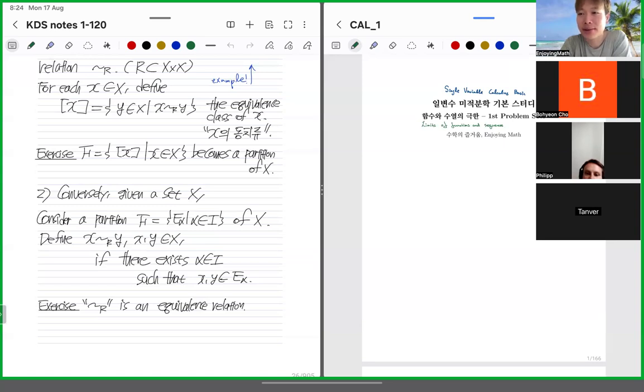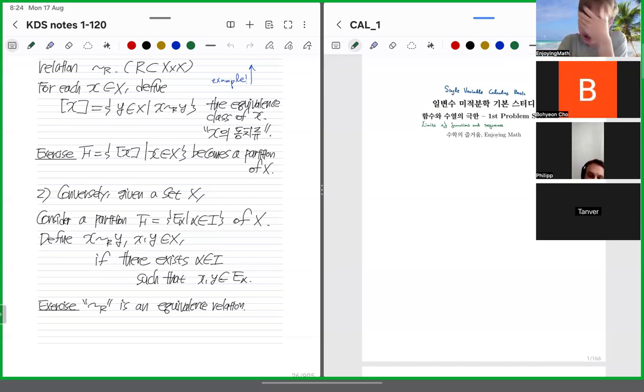Okay, then what's the definition of relation? Maybe if you can't come up with the answer immediately, you can just give the question back to me, if you don't mind.